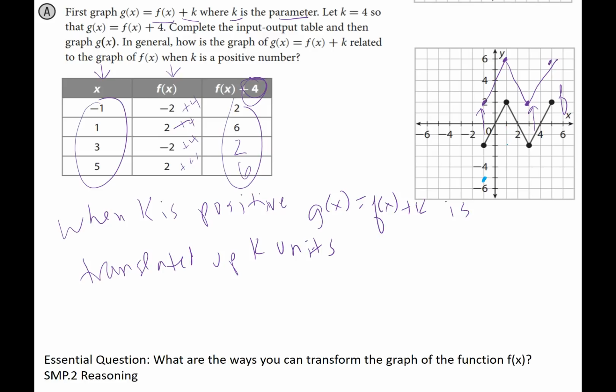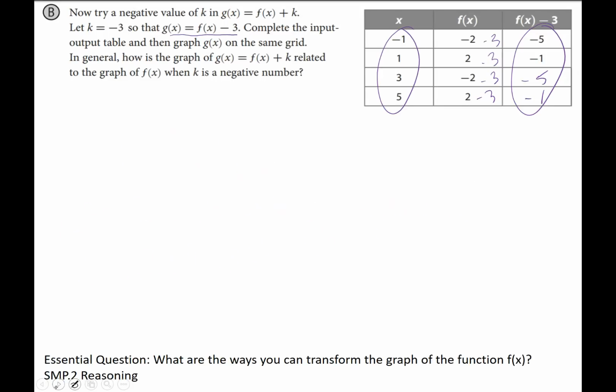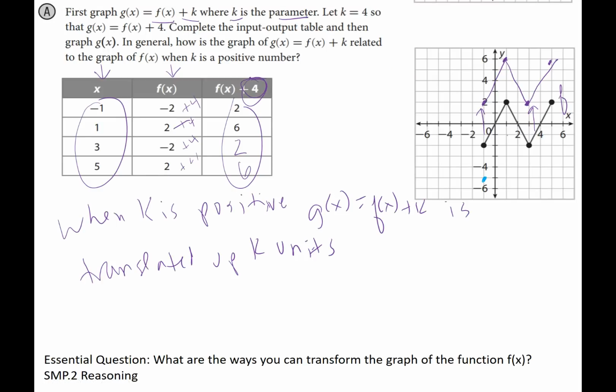Then 1, -1. And then 3, -5. And 5, -1. So there's our graph translated. In this case, we translated it down, and it went down 3 units, which was the value of k.